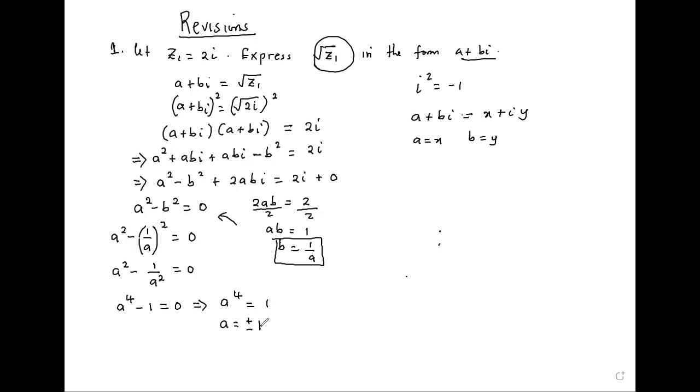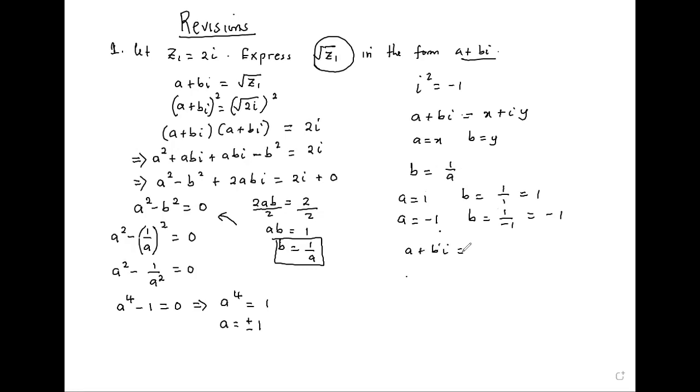Now let's go back where we left b. We said b is equal to 1 over a. So if a is equal to 1, then b will be 1 over 1, which is equal to 1. If a is equal to negative 1, then b will be 1 over negative 1, which is equal to negative 1. So what does it mean? It means that we have two options for a plus bi.